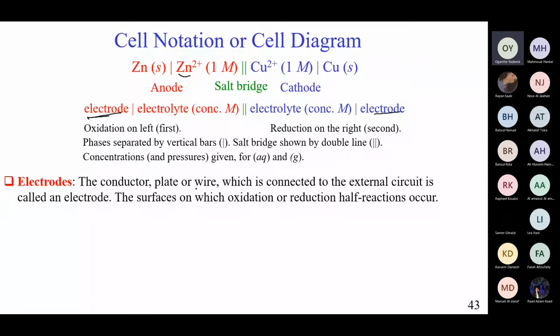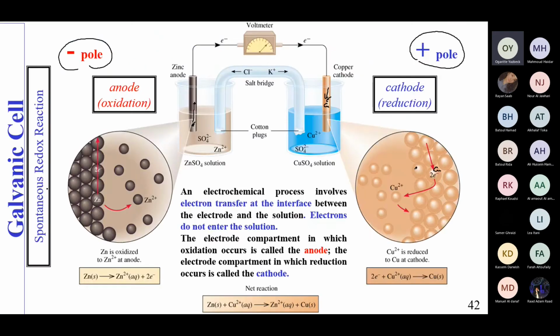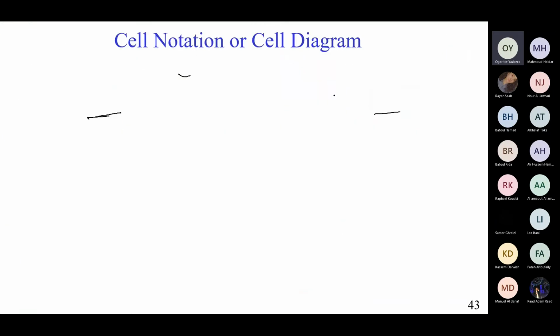The conductor, plate or wire, which connects the external circuits is called an electrode. So the electrodes are these, typically the plate, or we could have a zinc wire here. We call those the electrodes.